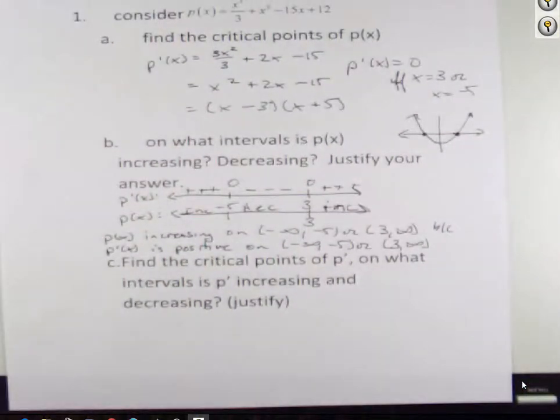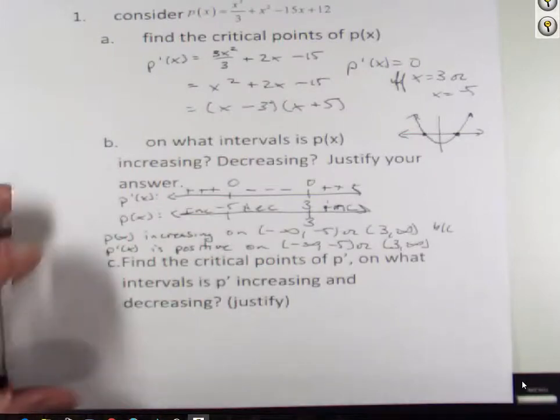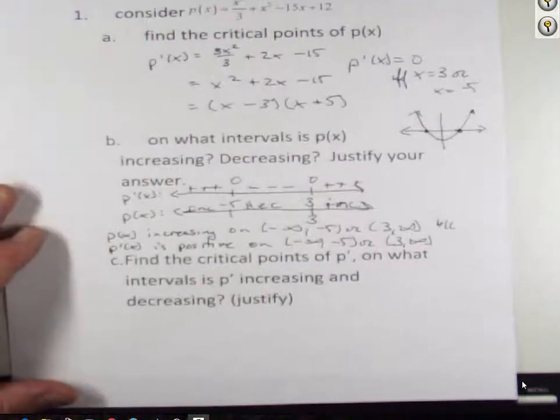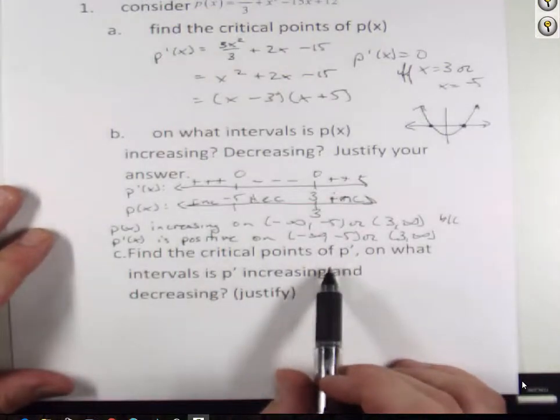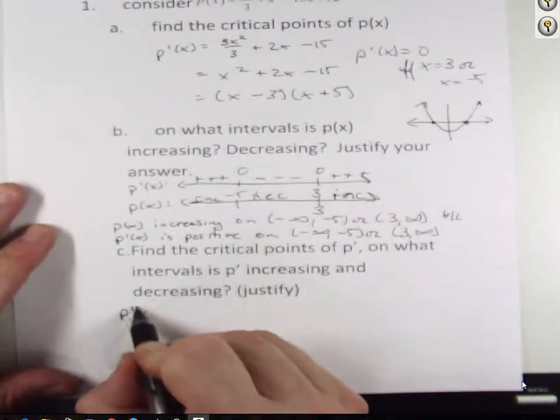The next sentence I would have written, I should have given myself more room, is P of x is decreasing on the open interval from minus 5 to 3 because P prime of x is negative on the open interval from minus 5 to 3.